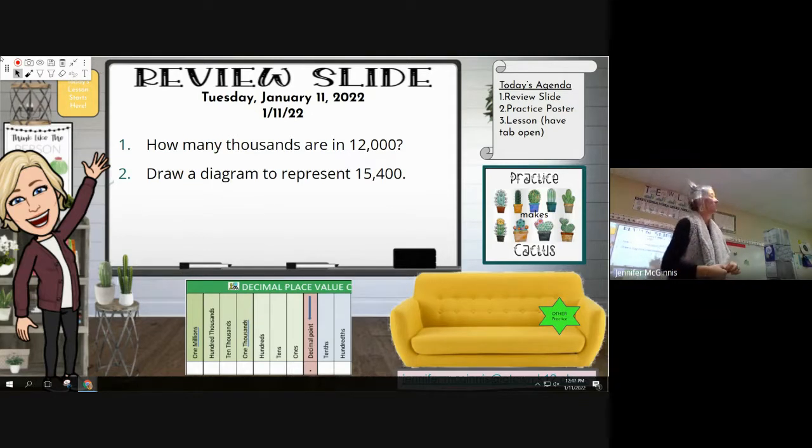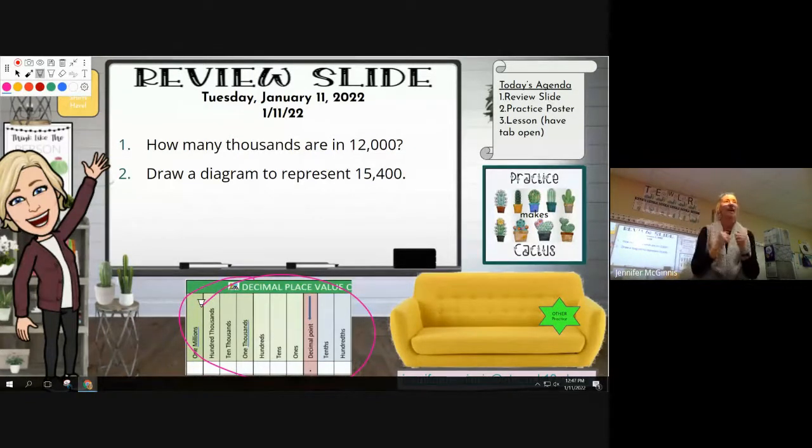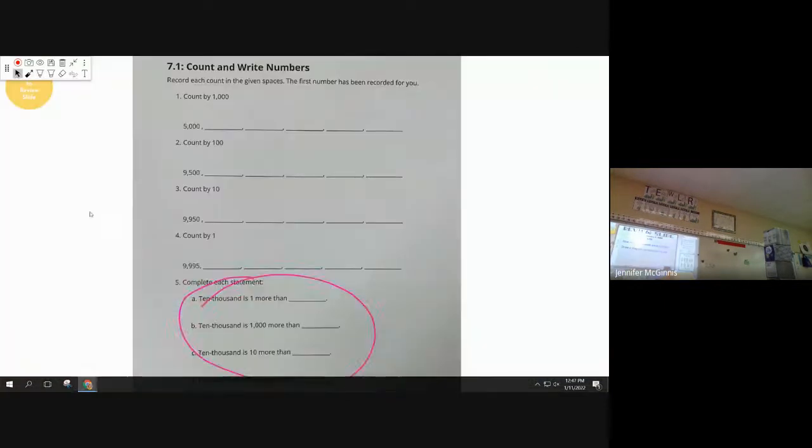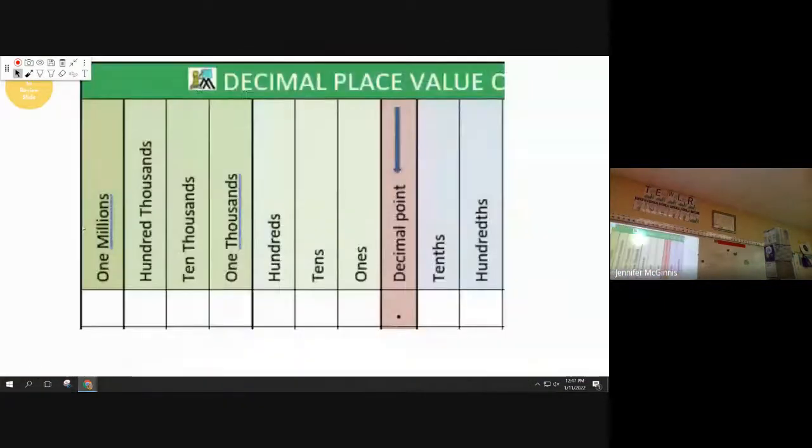Okay, here's what we talked about yesterday. Yesterday, we were talking about place value, and as you can see, I left your place value chart on here for you. That place value chart is always going to be your friend. It is always going to benefit you. You are going to be able to have a place value chart on your big state test.